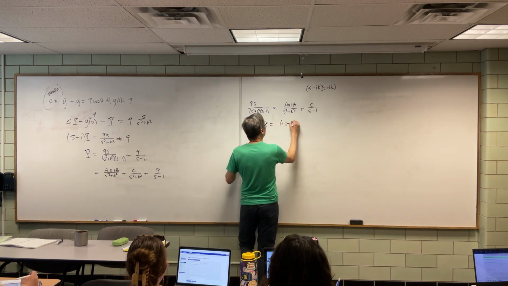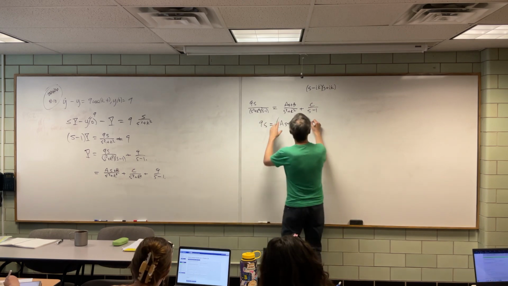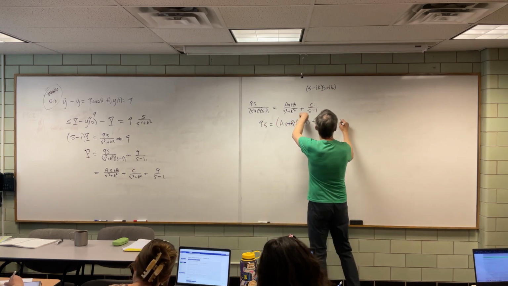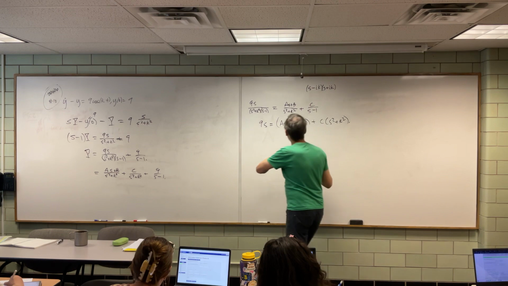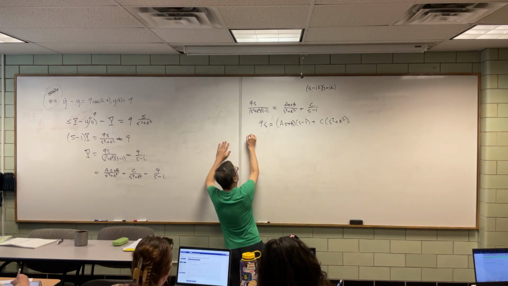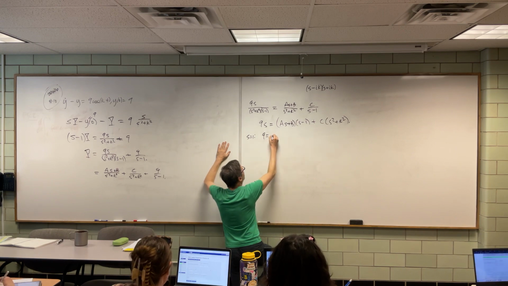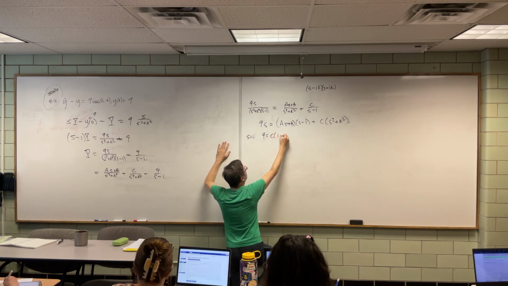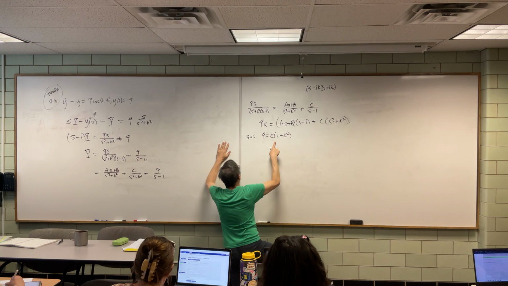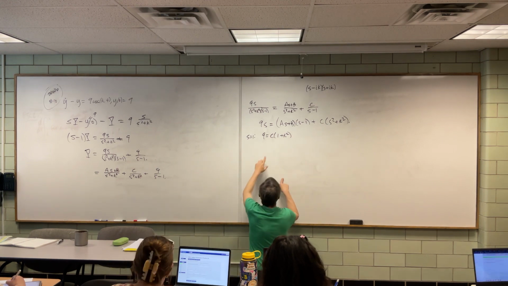So we got As plus B, times s minus 1, plus C. And let's let s equal 1 to get 9 equals C times 1 plus k squared. So now I know C, right?